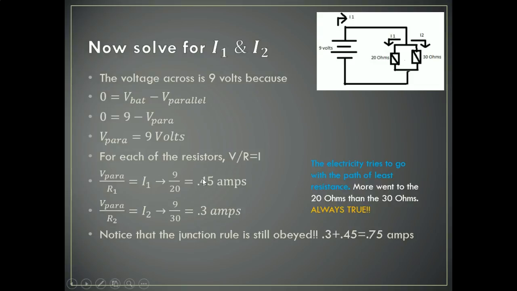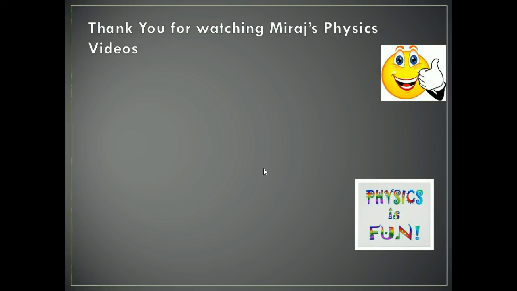So if you're doing a problem and you want to know if you did it right, you can check the junction rule, and you can also make sure there's more amperage in the resistor with less resistance. The path with least resistance will always have more amps or more flow.